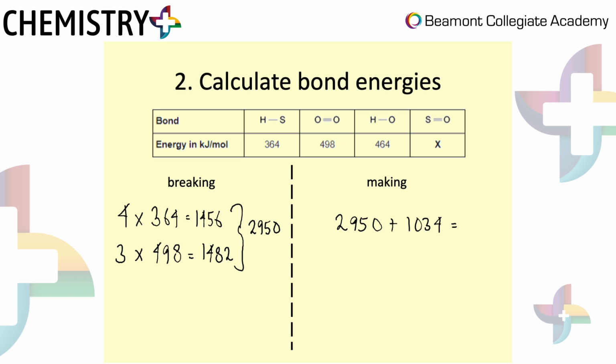So that means that 3,984 kilojoules of energy were made. So what does that leave us with the calculation? Let's solve it.